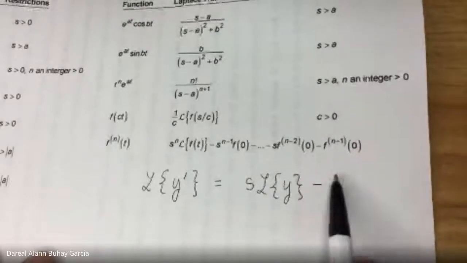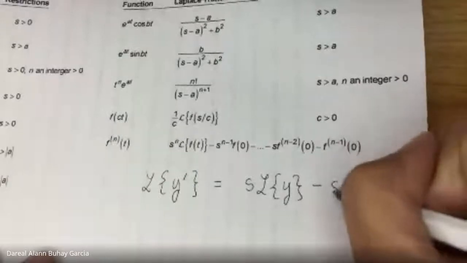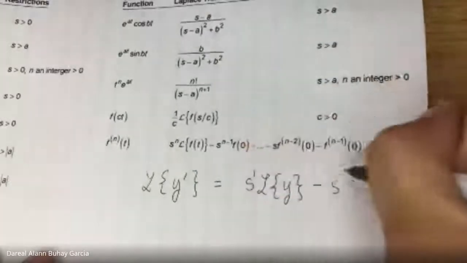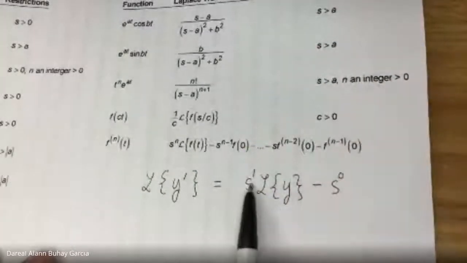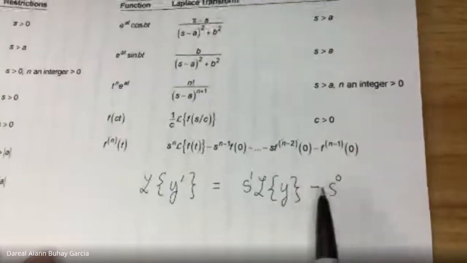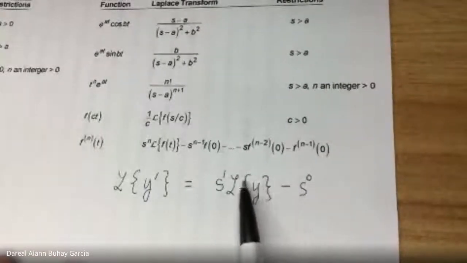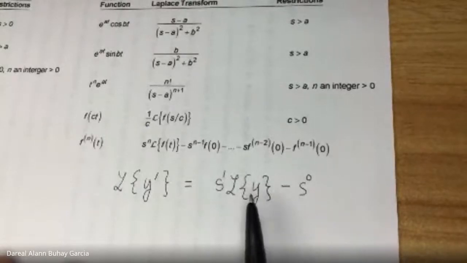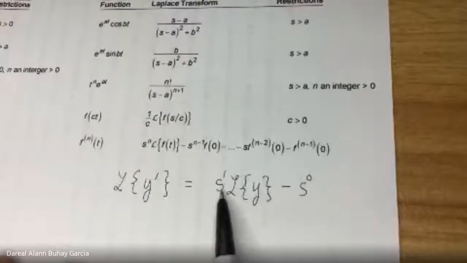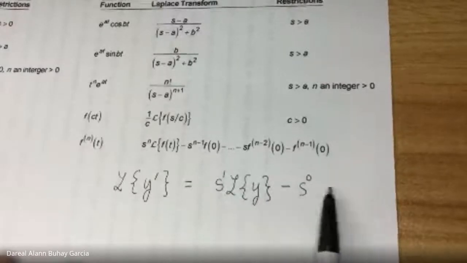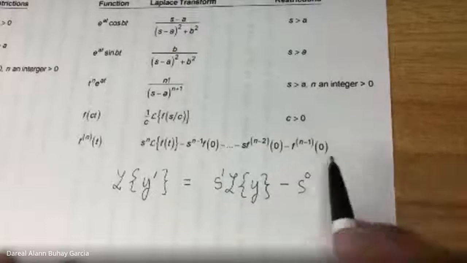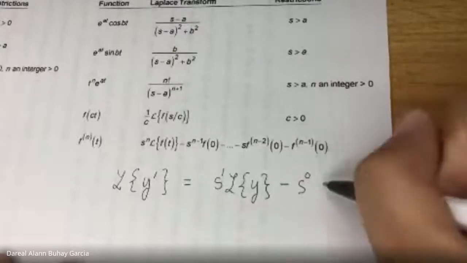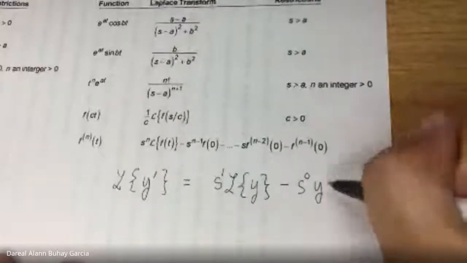So s to the power of 1, s to the power of 0. So ang power sa s is decreasing. Ang atong y, ang first lang nga entry, meaning ang coefficient sa pinaka highest na s is the Laplace of y. Ang next na dayon is ang initial condition, no? Y at 0.